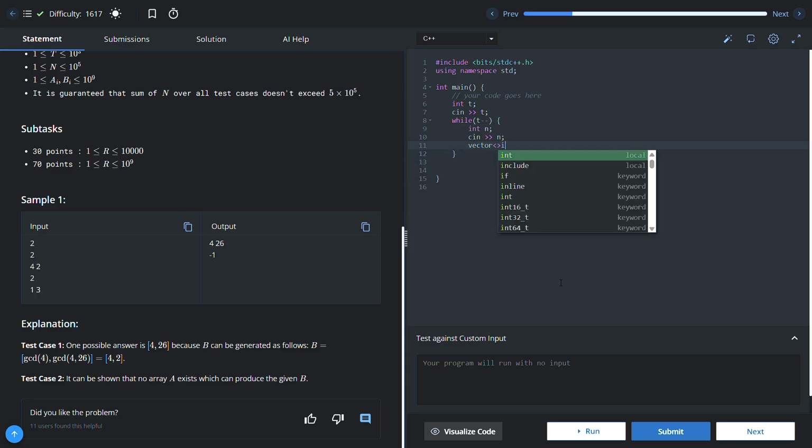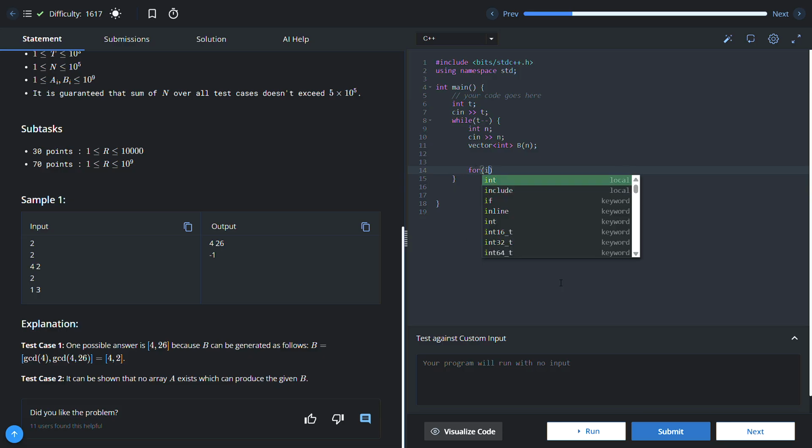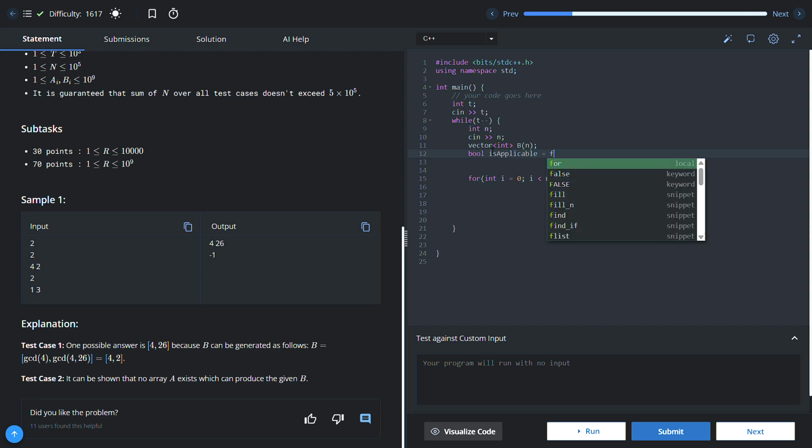Then we take a vector of int, which represents b of size n, then iterate over the b, so we take input for b of i. Now, a bool, applicable is equal to false.